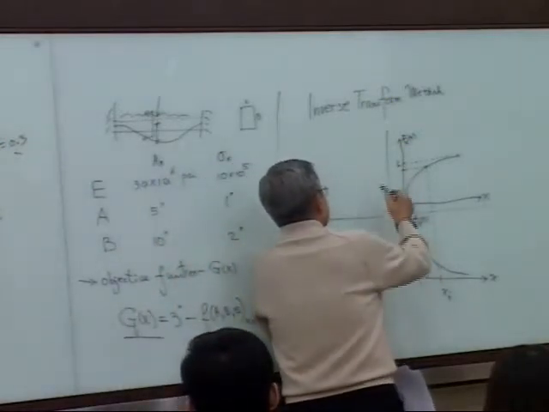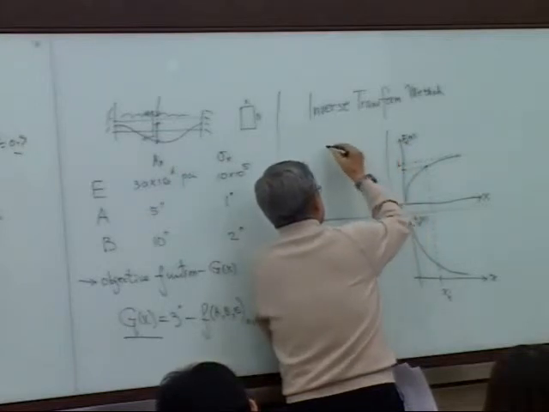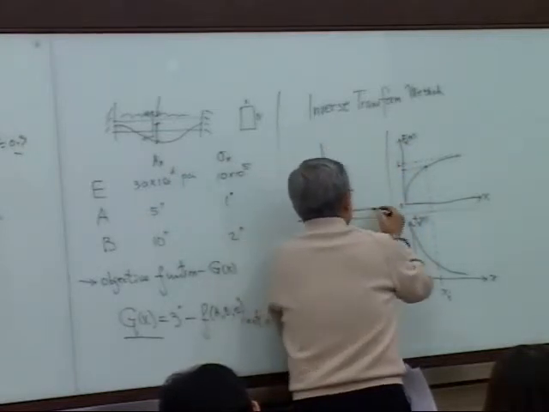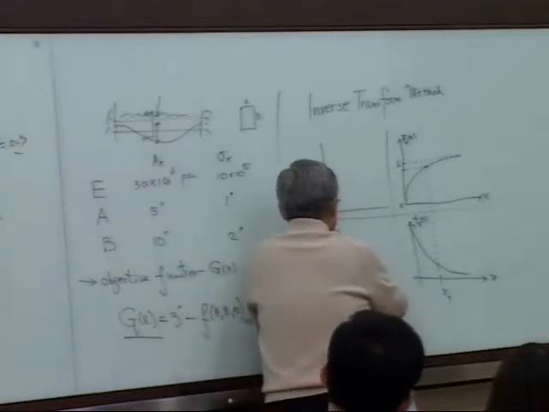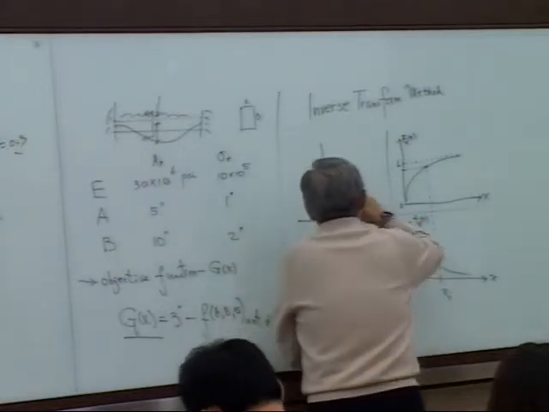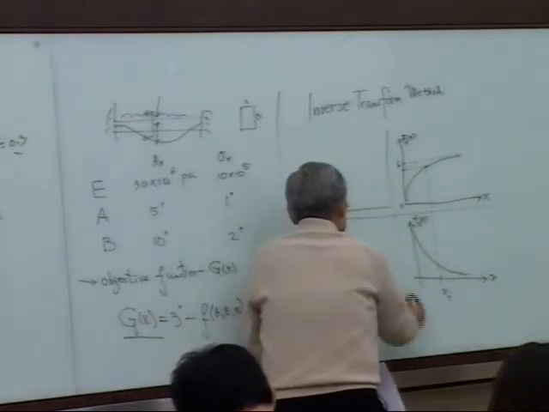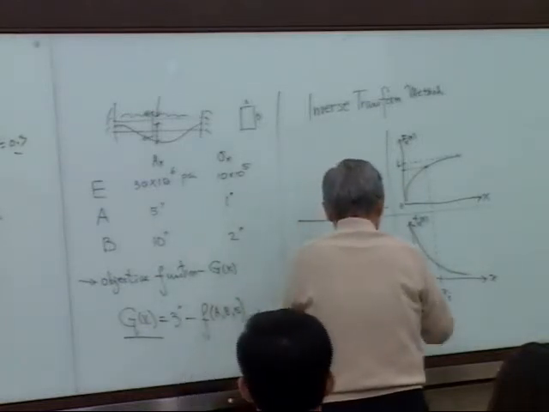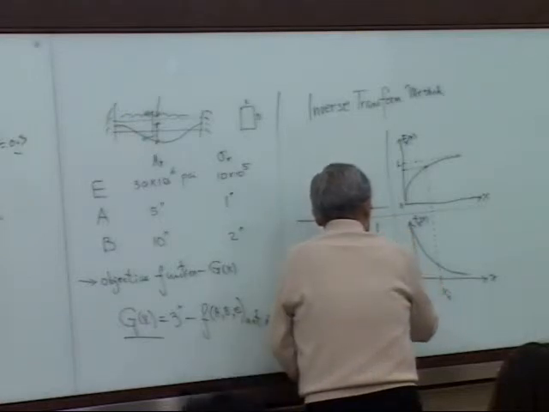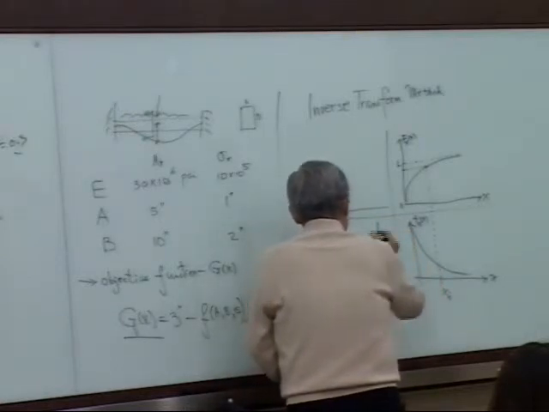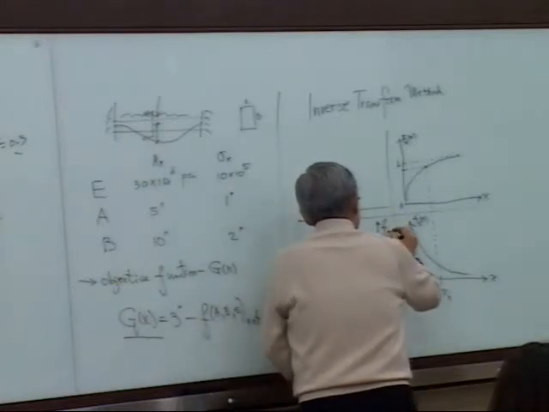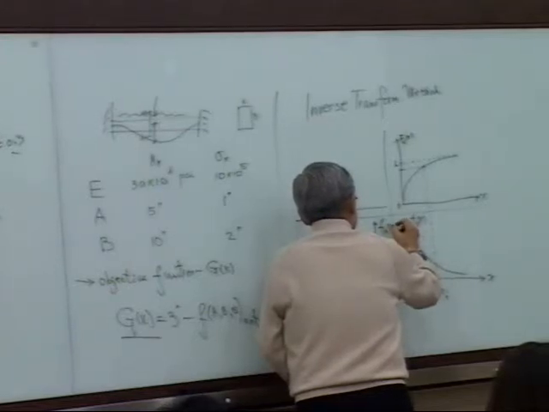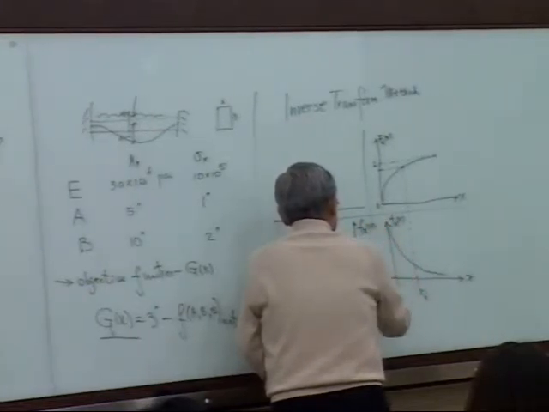Then to complete the inverse process, I'm going to draw the left quadrant, the second quadrant. This is like FU, U, from 0.